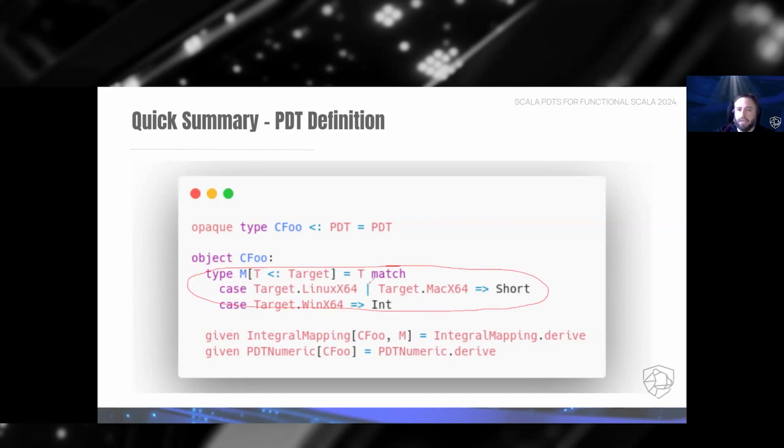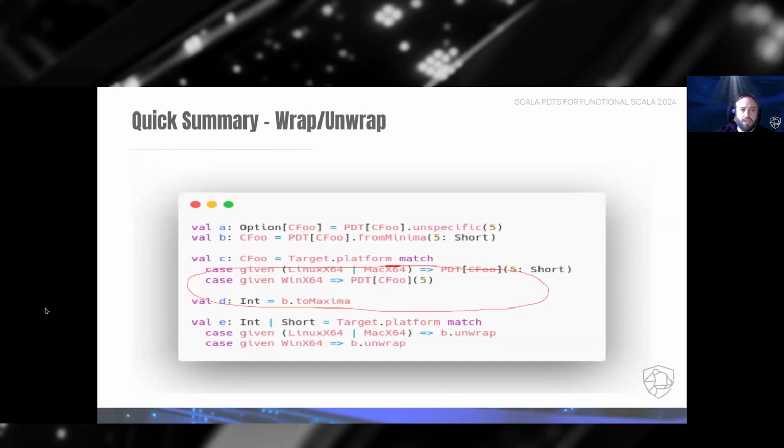And this type now is able to do instantiation, can do unspecific or generic instantiation from unspecific, which takes int or long and returns some Sifu if the value matches the current platform. If, for example, we were instantiating C-long and we passed in 5L and we're running on Linux, it would return some. But if we were running on Windows, it would return none.